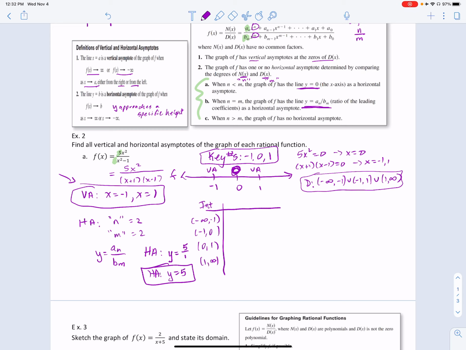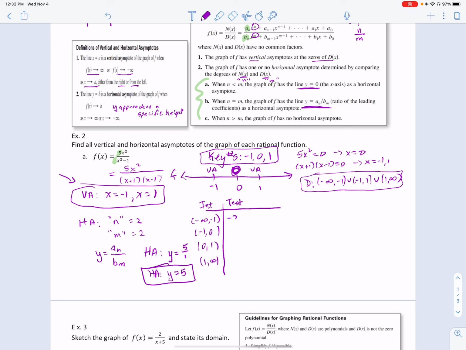By the time we identify these key numbers, what makes the numerator 0 and what makes the denominator 0, those are the only places for this function to change from positive to negative. And so once I've got those, I know I just have 4 intervals to check to see if this function is positive or negative. And I pick a test number in each of these intervals.